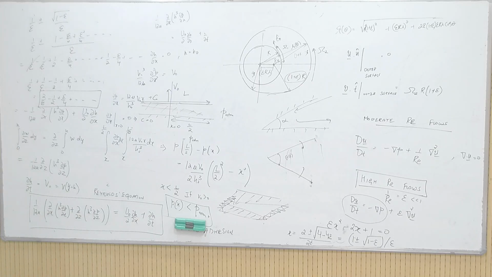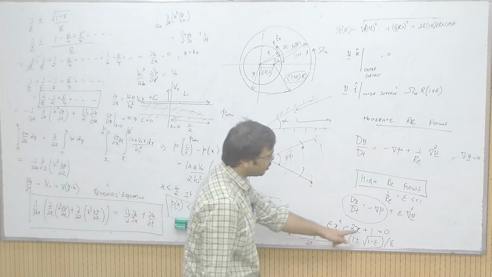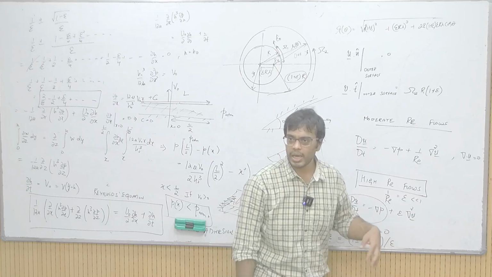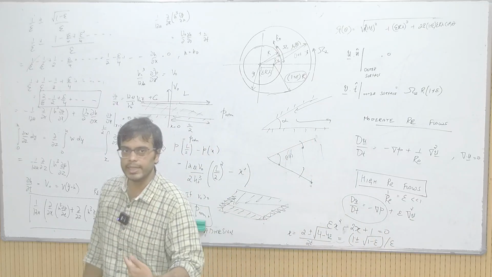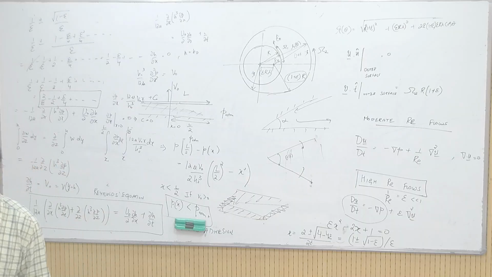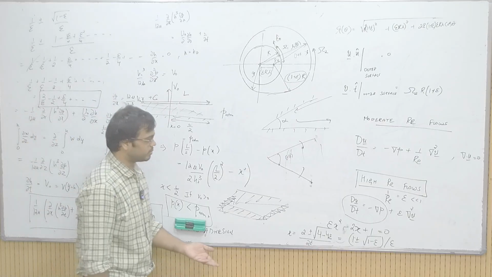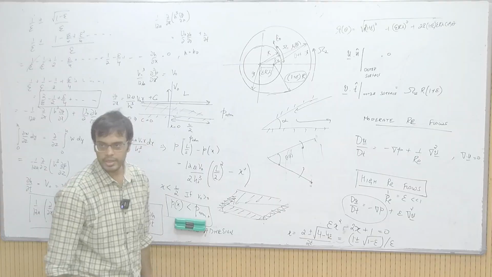Okay. So, one has to be very careful when there is a small parameter that is multiplying the highest order or highest degree term in your equation. If it is a differential equation, then you have to be careful if it is multiplying the highest order term. If it is an algebraic equation, then you have to be careful if it is multiplying the highest degree term, which is what you saw here.